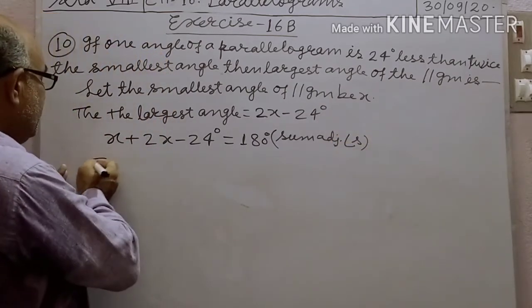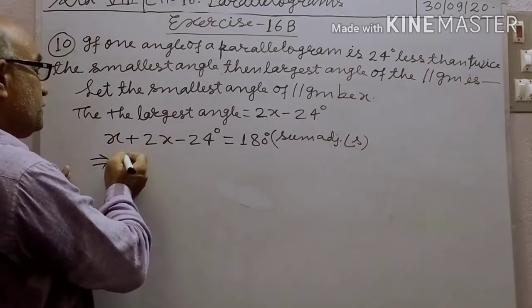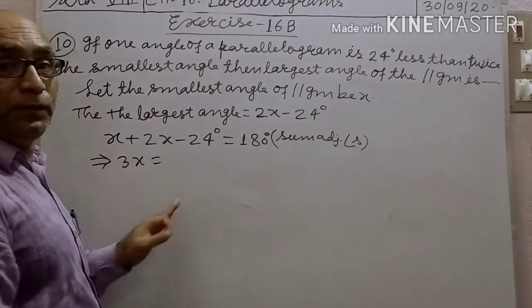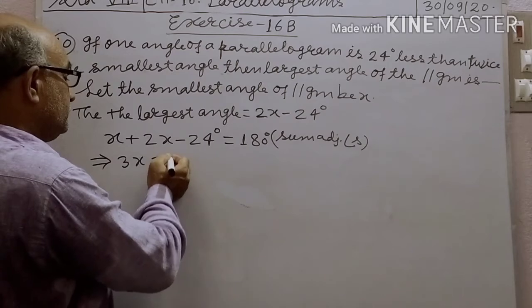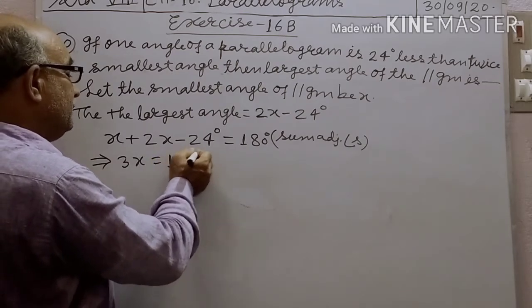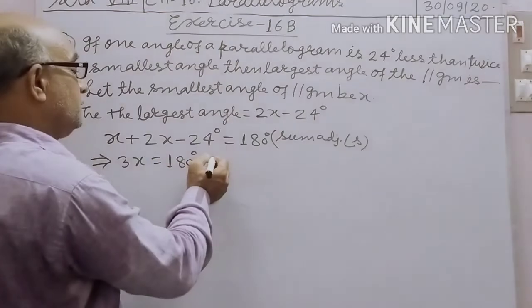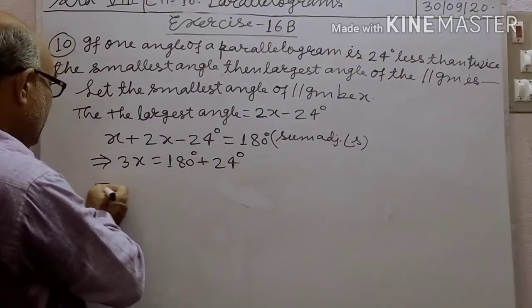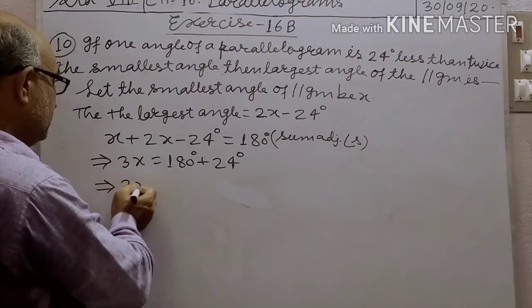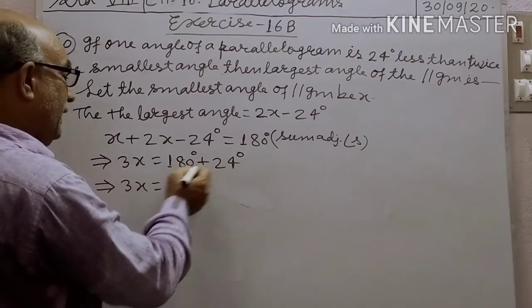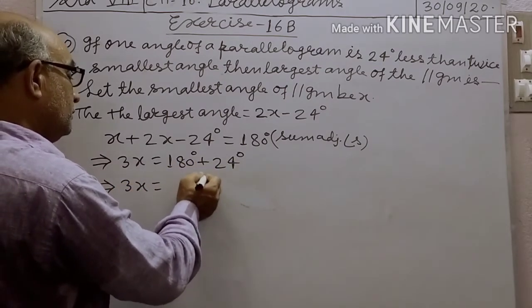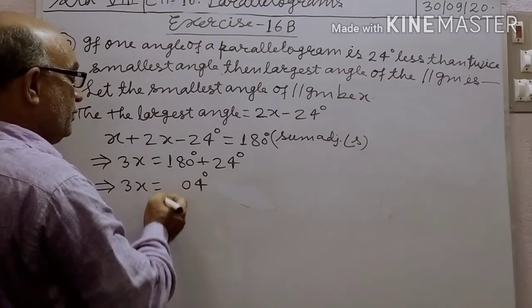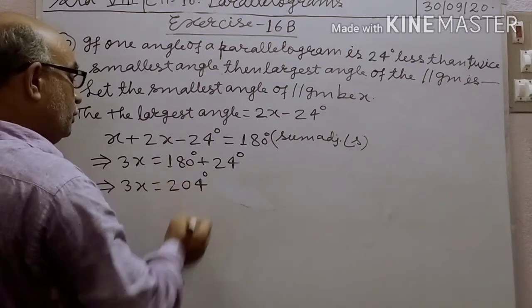That implies x plus 2x, 3x, equal to 180 degree plus 24 degree by transposition. That implies 3x equal to 204 degree.